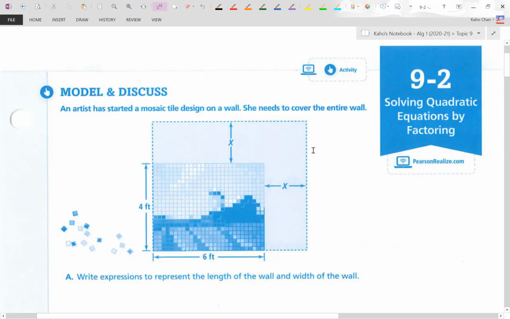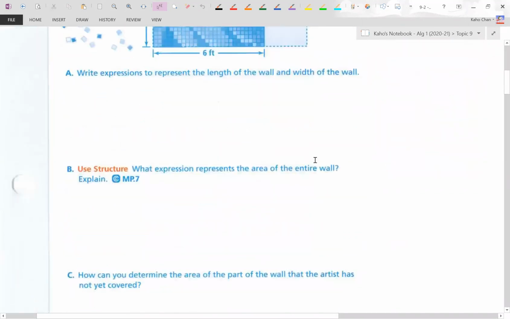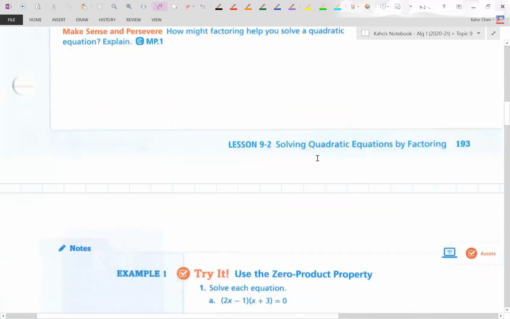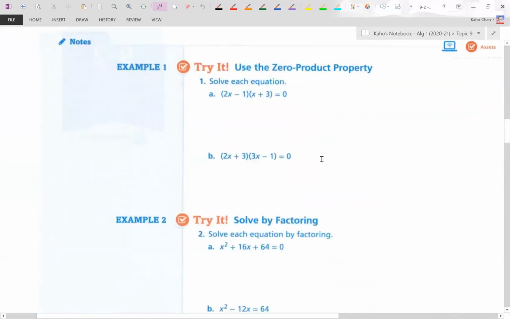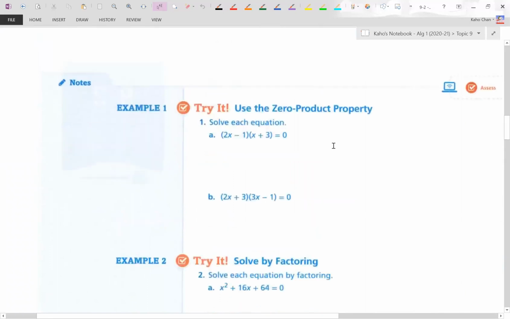So this section is called factoring and solving equations. What we're going to do is apply something called the zero product property.